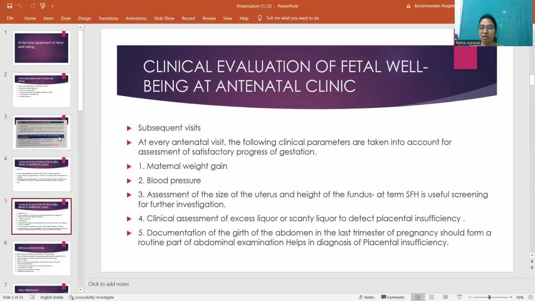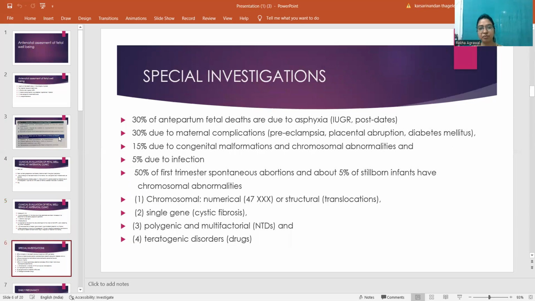At term, the SFH, that is the symphysiofundal height, is very useful for screening for further investigations, whether there is an IUGR baby or not. Clinical assessment of excess liquor or scanty liquor to detect placental insufficiency, oligohydramnios and polyhydramnios. Then documentation of the girth of the abdomen in the last trimester of pregnancy should form a routine part of abdominal examination, and helps in diagnosis of placental insufficiency.